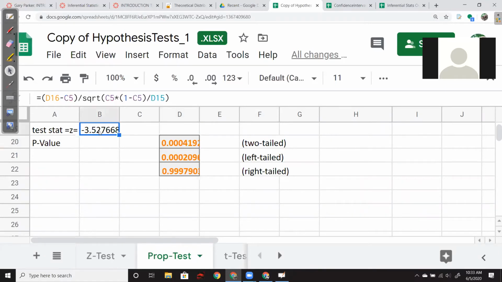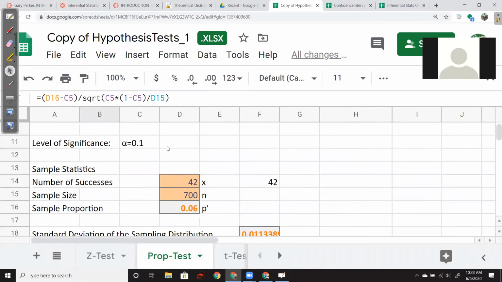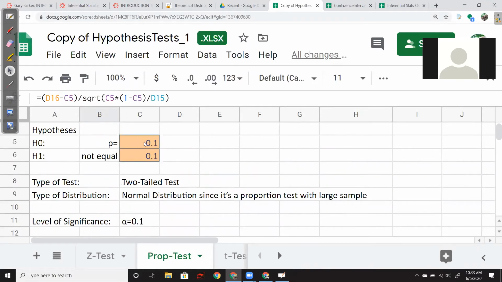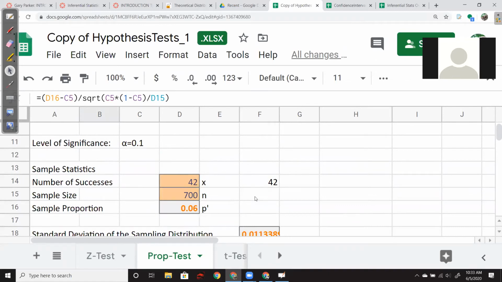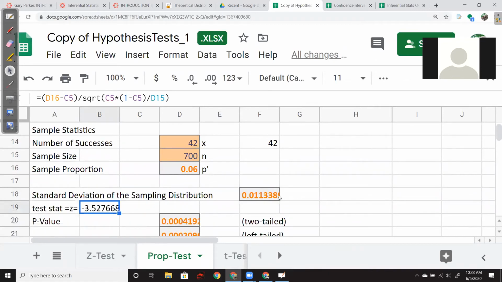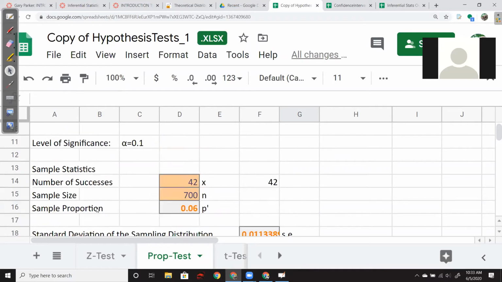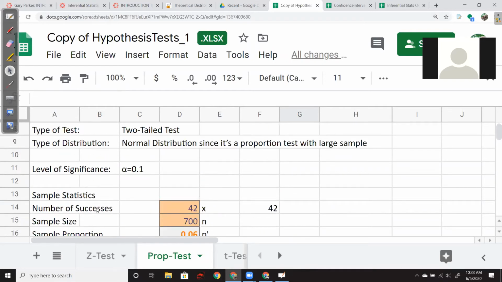My test statistic is the z-score. So given that we were expecting 10% of people to own cats, right? That's the null hypothesis. And we have a sample size of 700. That's what leads to this standard deviation here, which is also the standard error. I get a z-score, which means we are about 3.5 standard deviations to the left of 10%. 3 standard deviations is way out there.